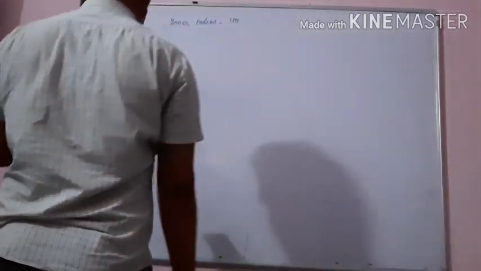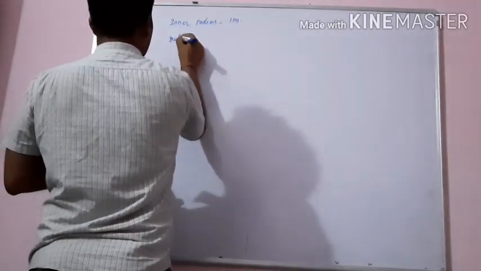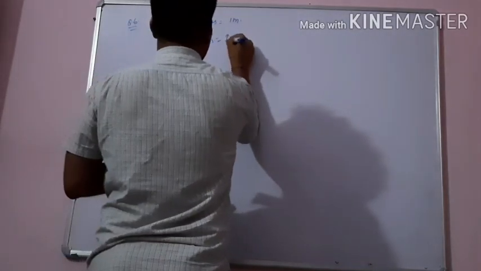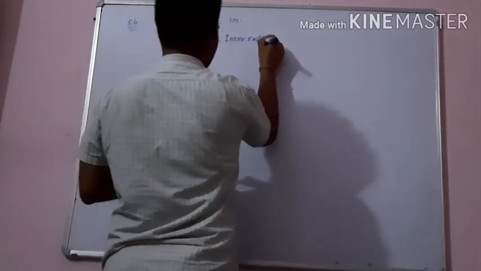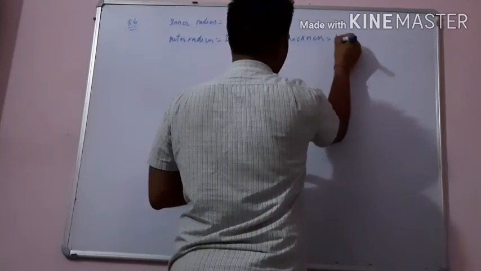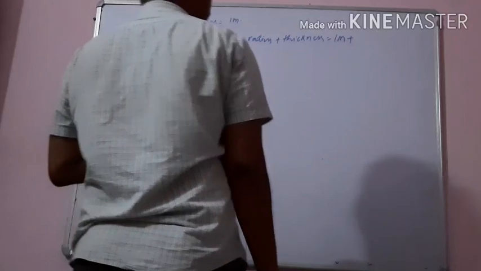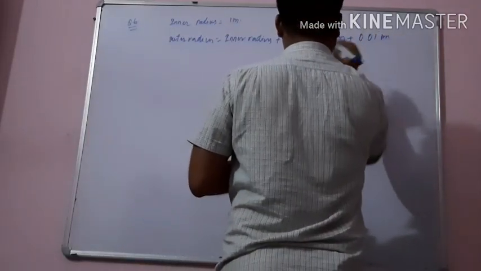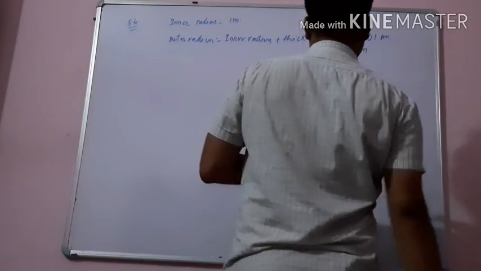Then the outer radius will be equal to inner radius plus thickness. So the inner radius is 1 meter and the thickness is 1 centimeter. When you change 1 centimeter into meter, it will be 0.01 meter. So the outer radius is 1.01 meter.